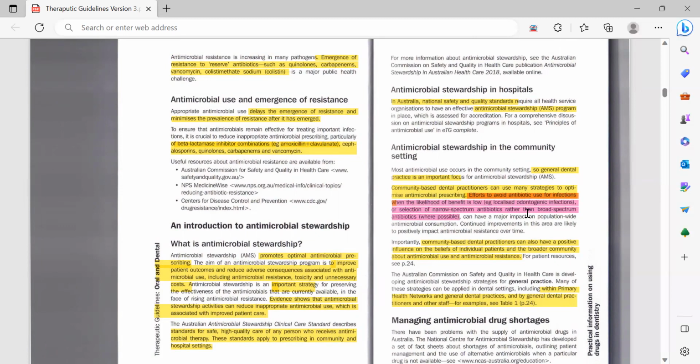When the benefit is low, then you should not be prescribing. Or selection of a narrow spectrum, always use narrow spectrum antibiotics over broad spectrum antibiotics where possible, because narrow spectrum would only kill that microbe which is causing the infection in the patient's body, rather than suppressing others also.